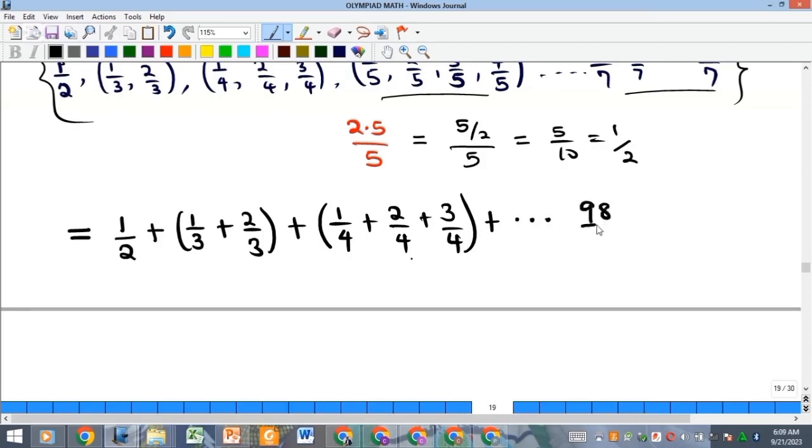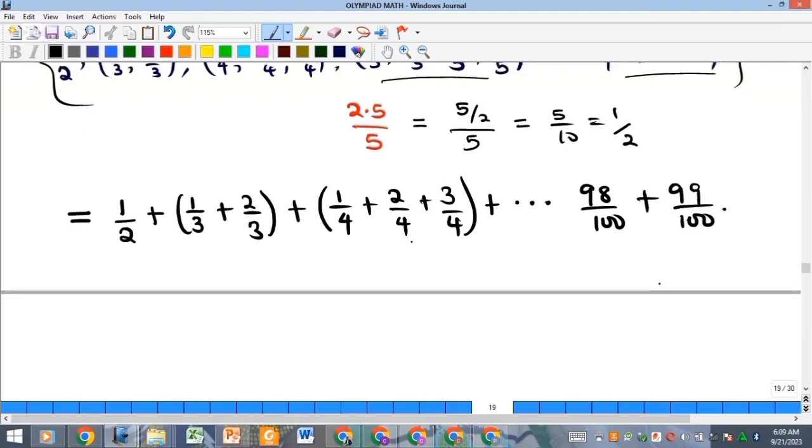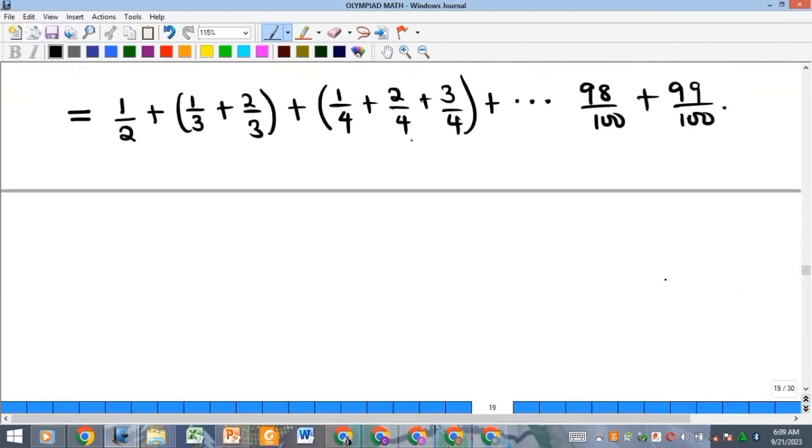Let me end it with 98 over 100 plus 99 over 100. So how do we now get this sum? This is our duty now. See what we are going to do.